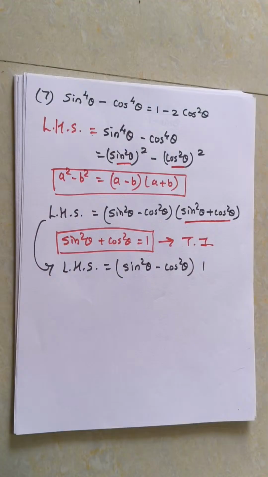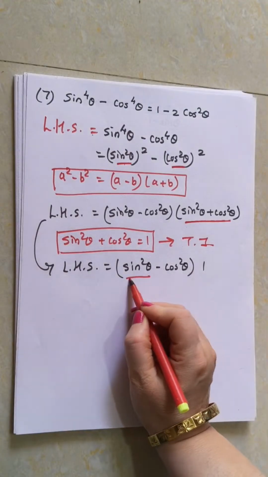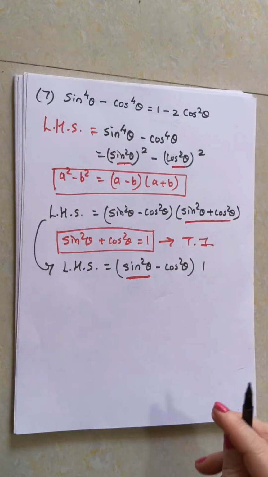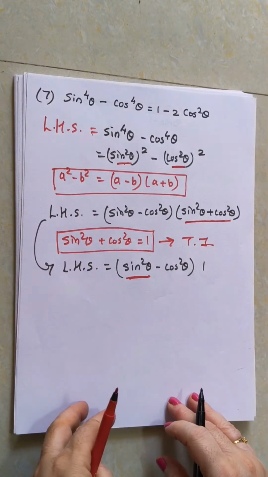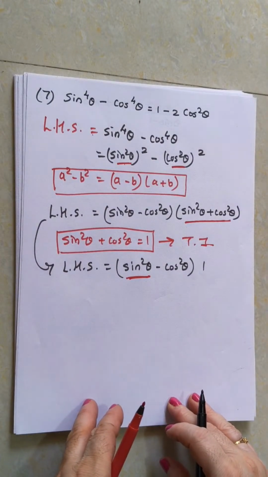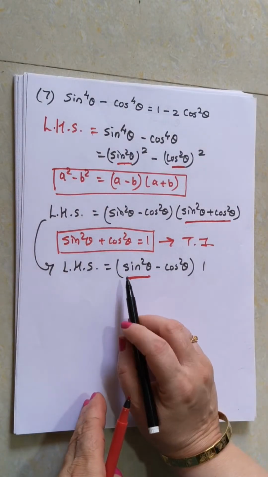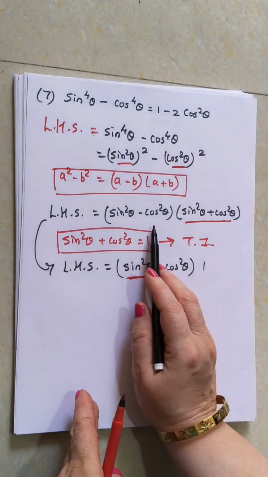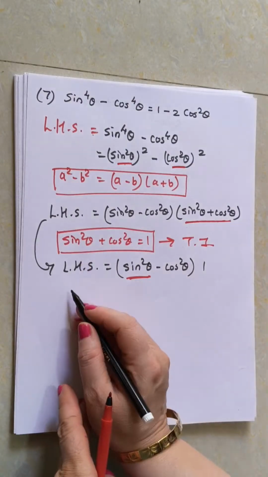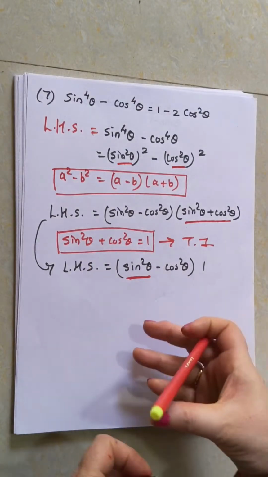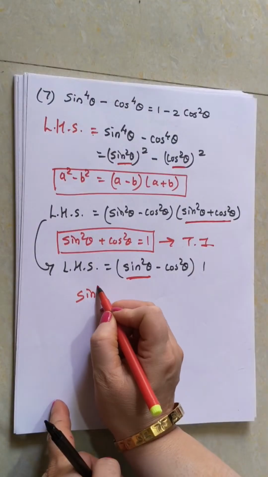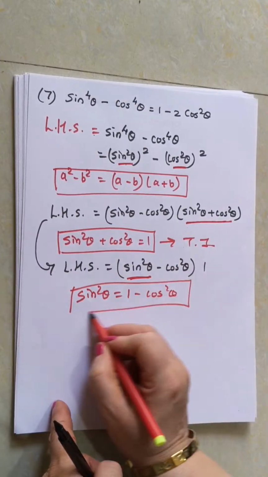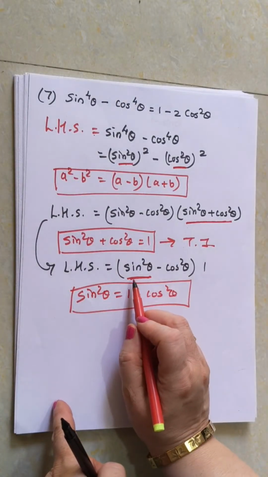But now we are going to replace sine square theta. Again, I am going to use the same trigonometric identity. If I take this cos square theta here, what will be my trigonometric identity? That will be sine square theta is 1 minus cos square theta. So this identity we are going to put in LHS.